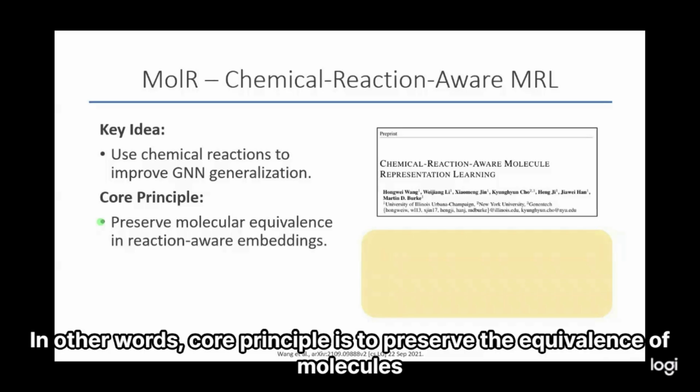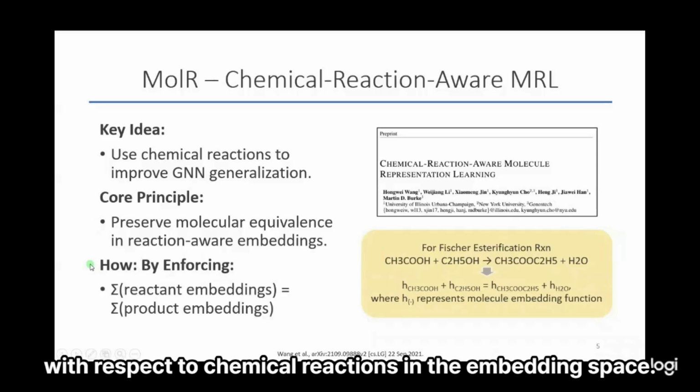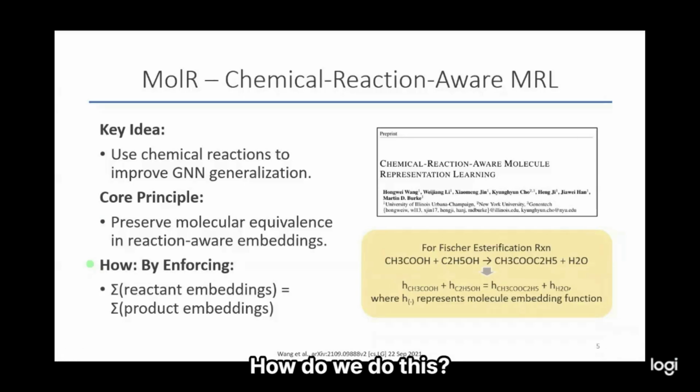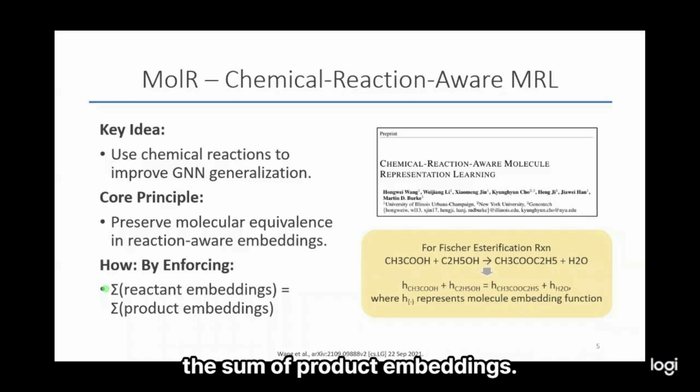In other words, core principle is to preserve the equivalence of molecules with respect to chemical reactions in the embedding space. How do we do this? For each chemical reaction, we force the sum of reactant embeddings to match the sum of product embeddings.